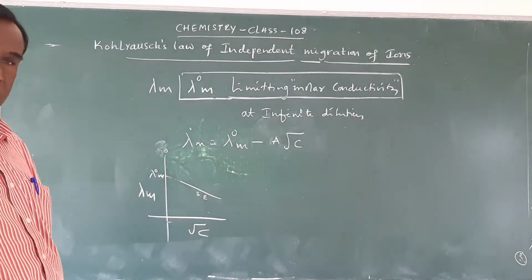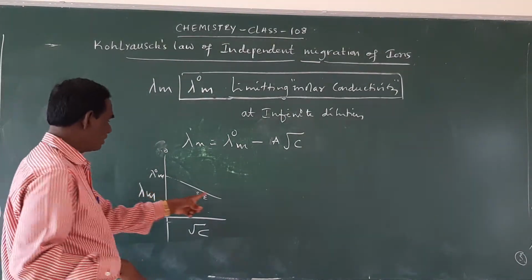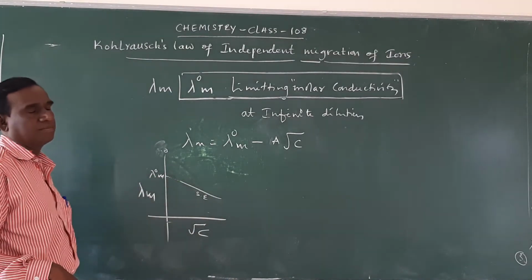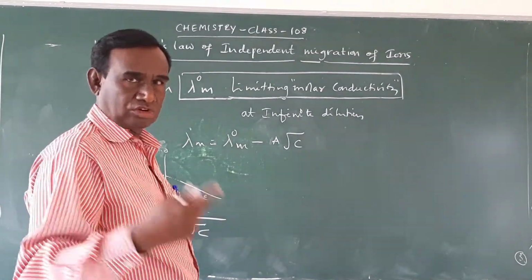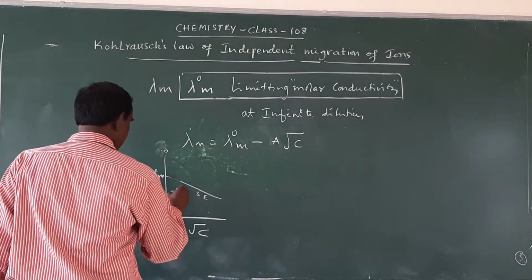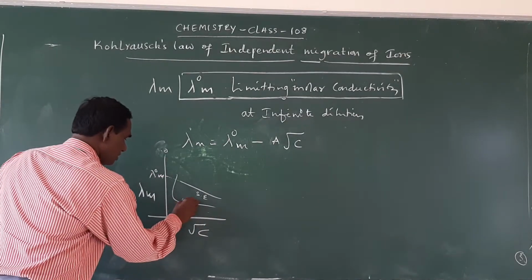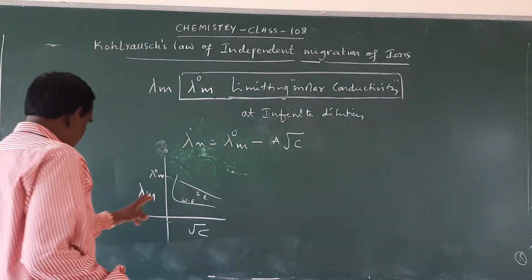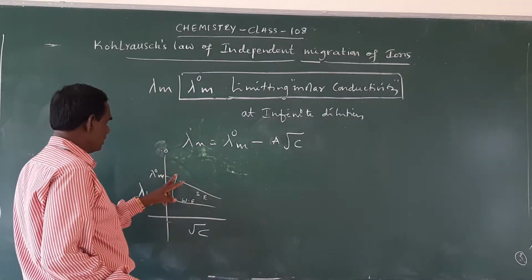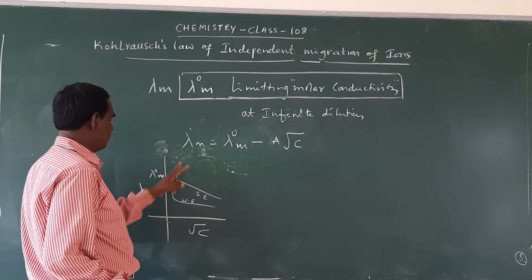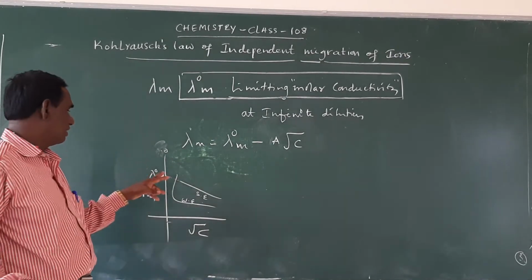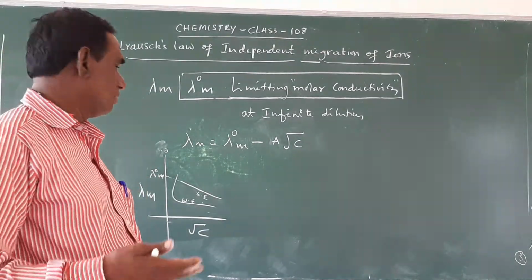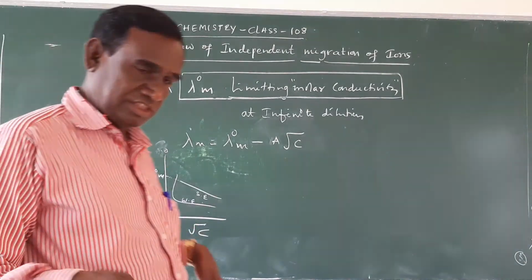So lambda naught m for strong electrolytes can be obtained by extrapolating the straight line down to zero concentration. But for weak electrolytes, we get a curve, not a straight line. Therefore, even if we extrapolate, we do not get lambda naught m for weak electrolytes by the graphical method, as we studied in the last class.